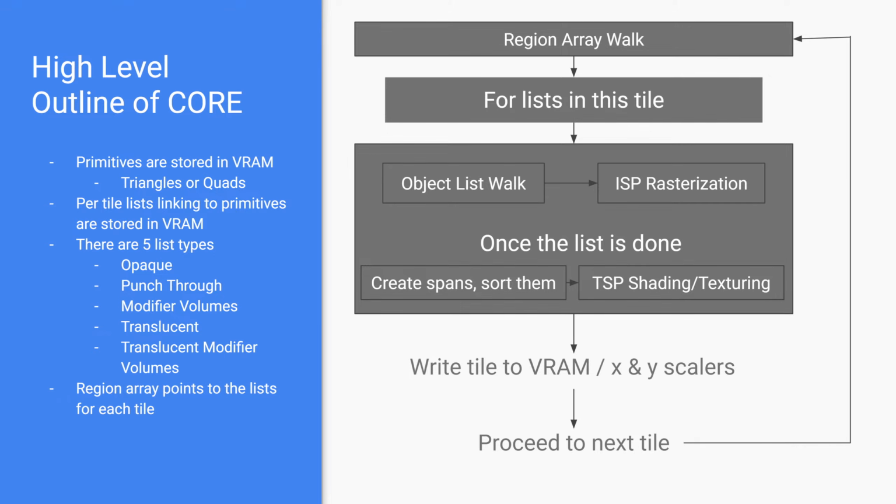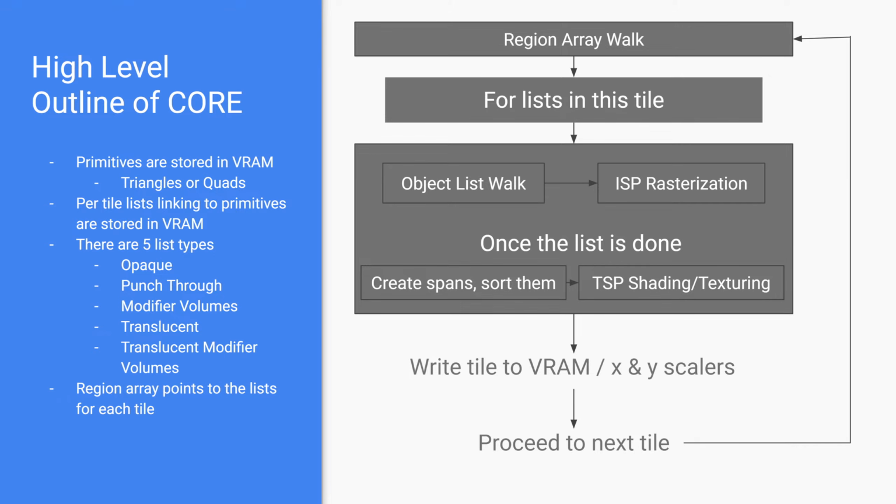In reality, opaque and punch-through are done first, then you do the modifier volumes to decide if you are inside or out, and then you do the shading. But this is a high level overview. Then once you do this for all tiles, including the translucent, which have to be passed through many times for sorting, you write them out to VRAM.